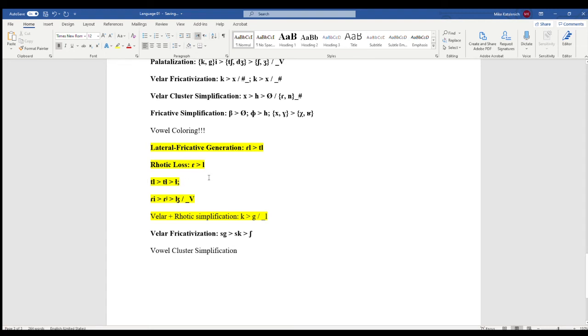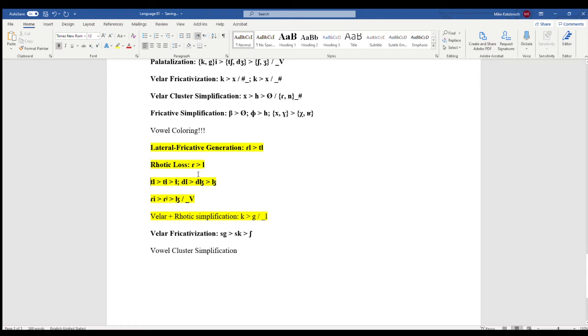Pl. But gl needs to become pl, becomes pl.